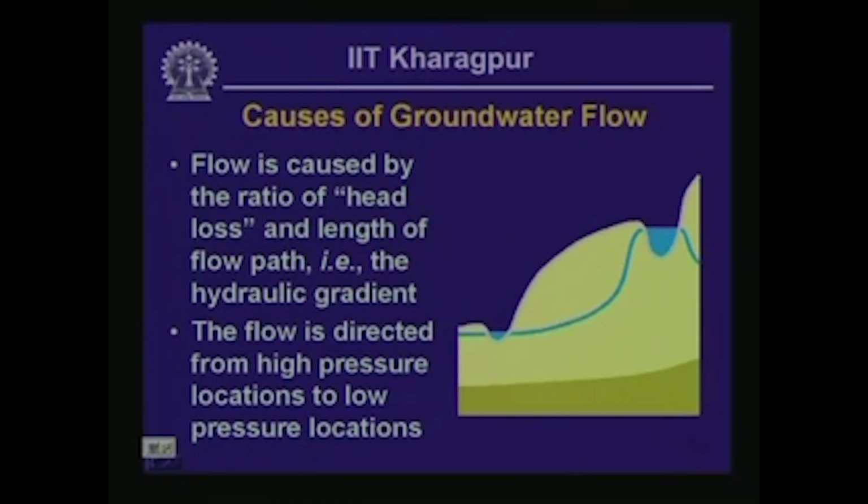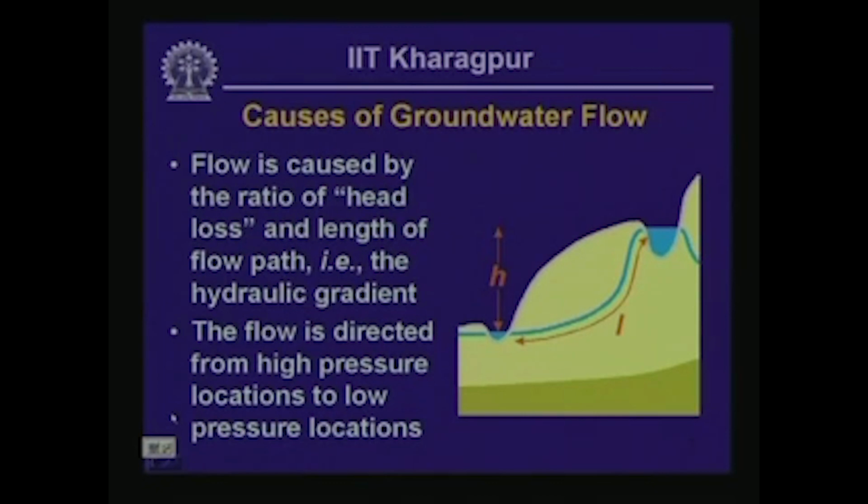So, this is a situation involving an unconfined aquifer. Here the location of the water table is shown by the thick cyan line near the top of this sketch. Because the elevation of the water table is much higher towards the right of this sketch, the flow here is going to take place from the right to the left.